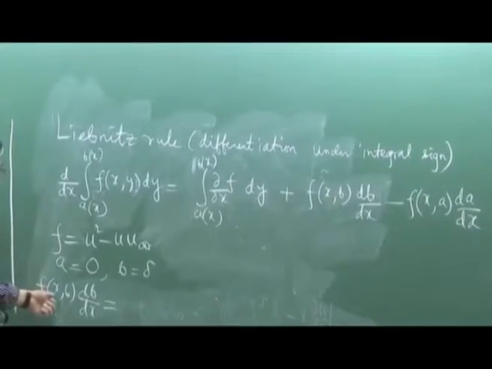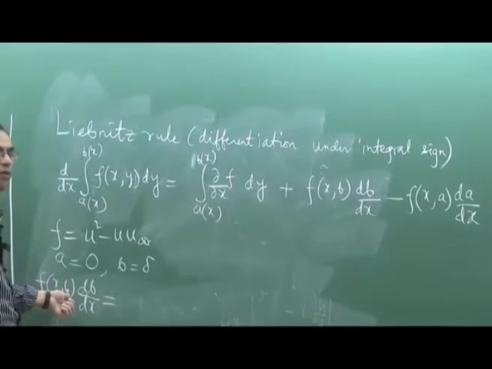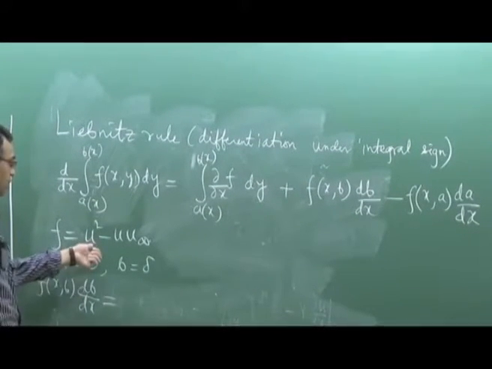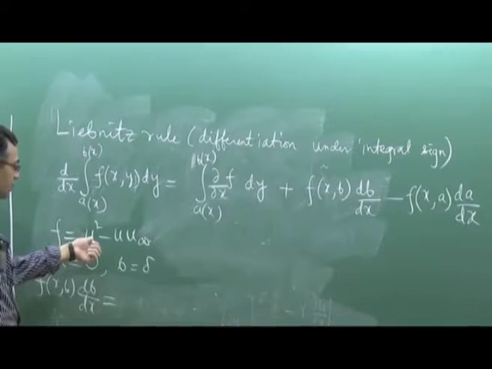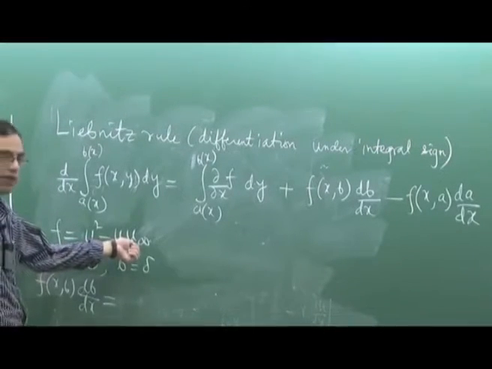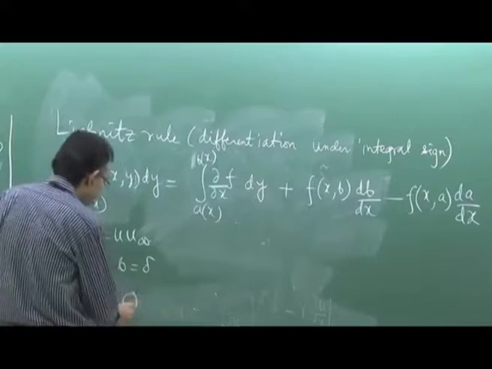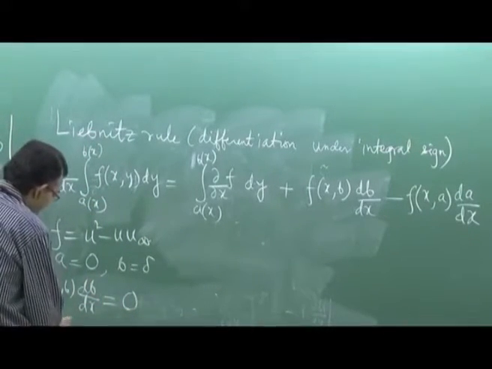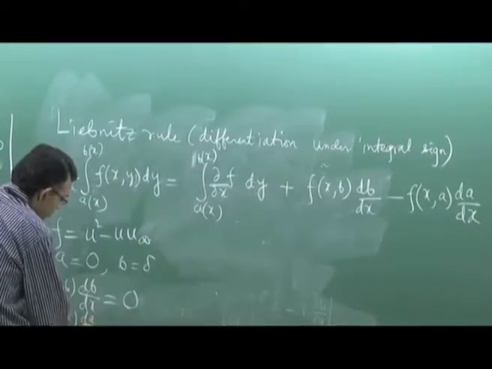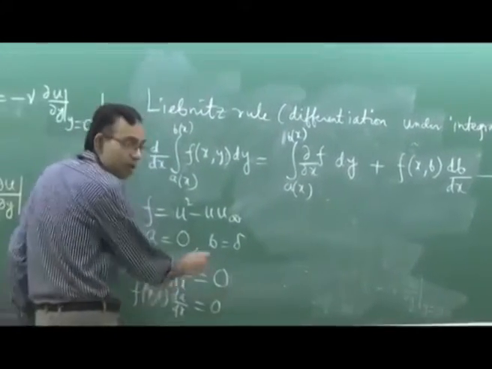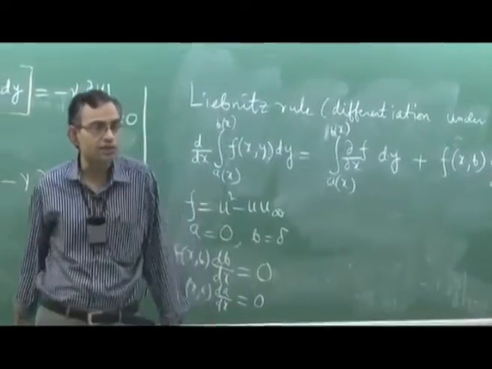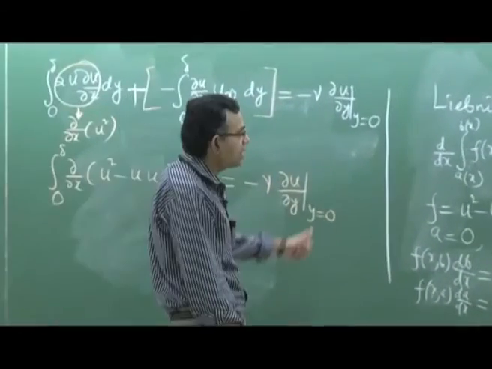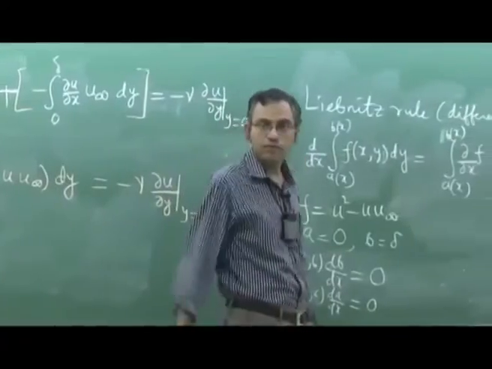What is f of x comma b? At b, or b means delta, this becomes u infinity square minus u infinity square. So this is 0, and f of x comma a times da dx anyway is 0 because a is 0, so da dx is 0. So you can see that the correction term is 0, right.